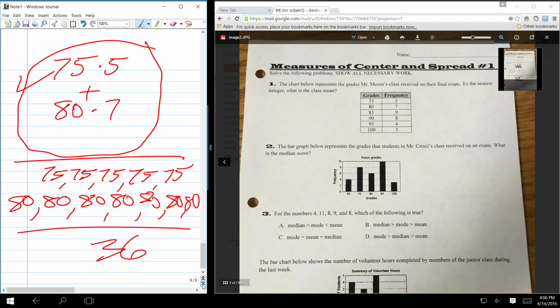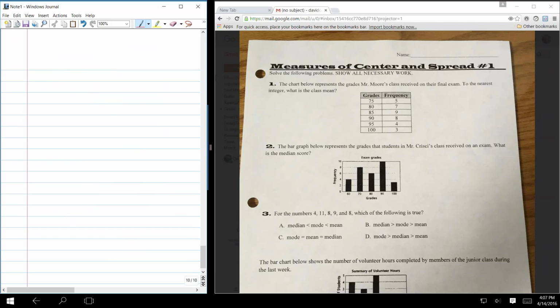On number 2, how are we going to find the median score? Not the mean, the median score. Isn't it just the one in the middle? So 80? No? This is similar to the first problem. In fact, it's not really any different if you look at it.